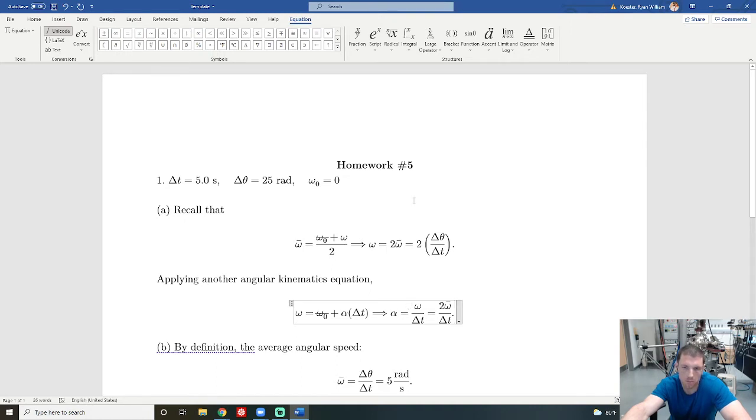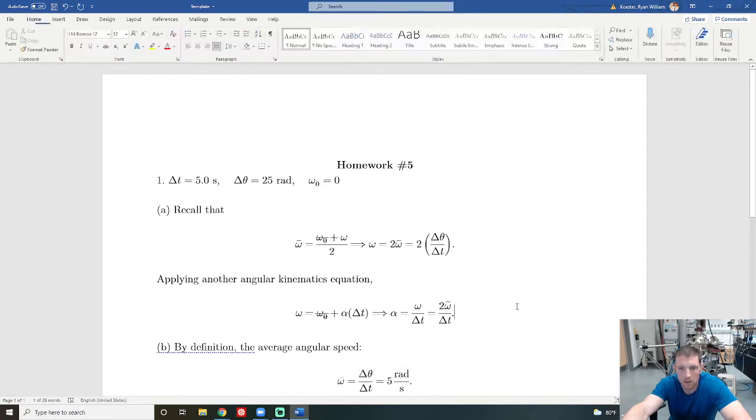Though if you want to work symbolically, remember that your final answer should only depend on things that you were given, so you would just substitute in that omega bar is delta theta over delta t, right? Let me just make sure that everything here looks good. Yeah, I think this all looks fine.